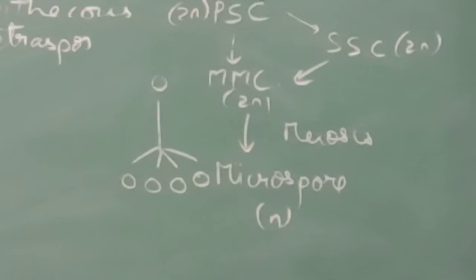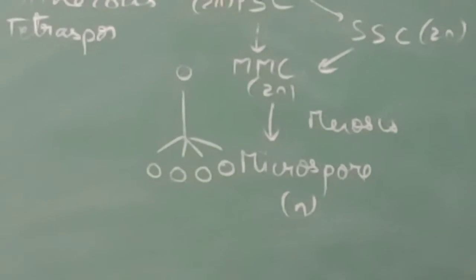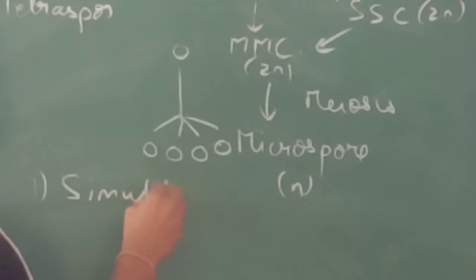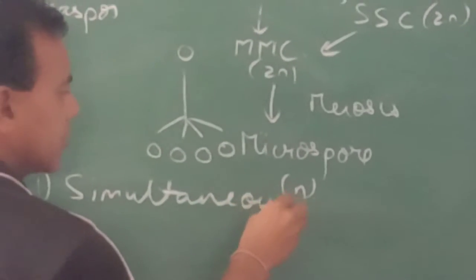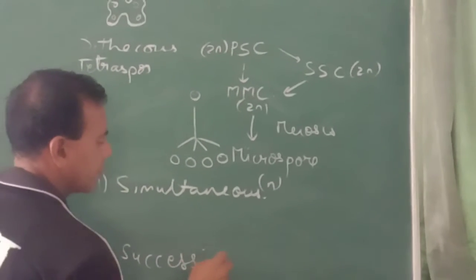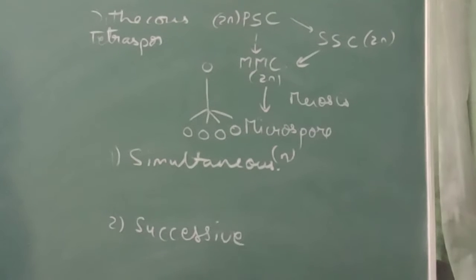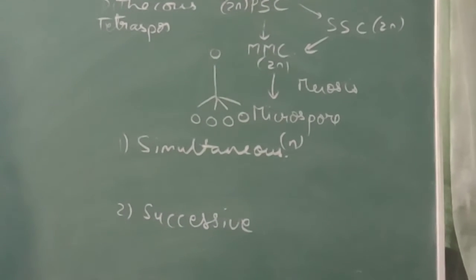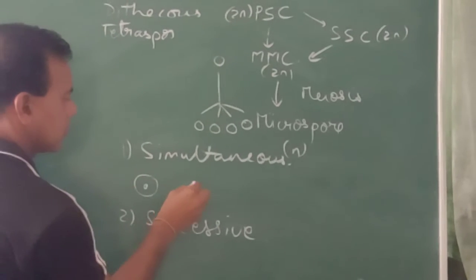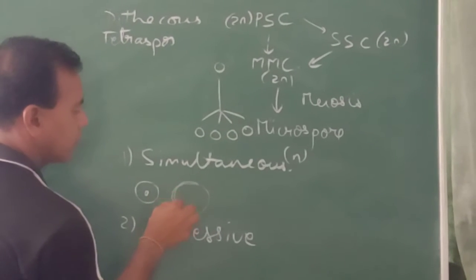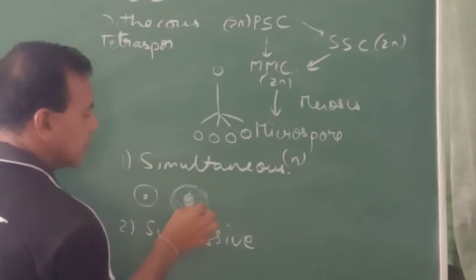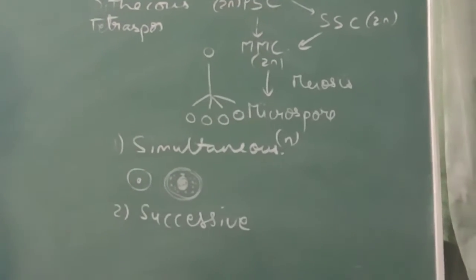Now there may be 2 methods of division. First is known as the simultaneous method of cell division, and the other is known as the successive method of cell division. In simultaneous division, what happens first? The enlargement of the nucleus and thickening of the cell wall take place, after which the cell becomes ready for further division.